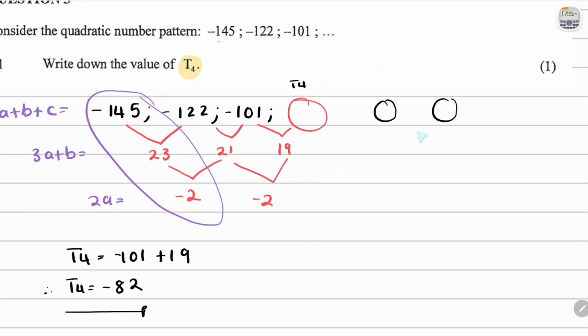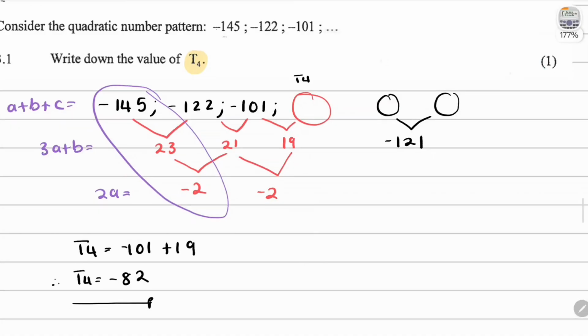So there are two terms in the quadratic number pattern, and when you subtract them to find their differences, it gives you negative 121, and we need to find out between which two terms this would be.